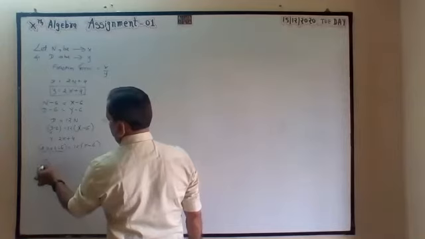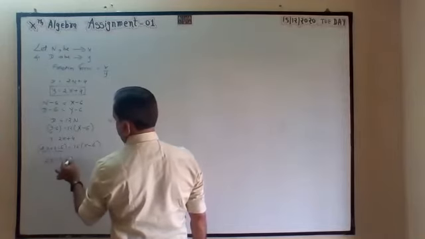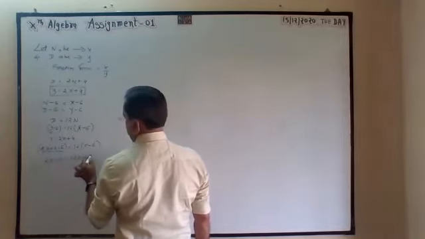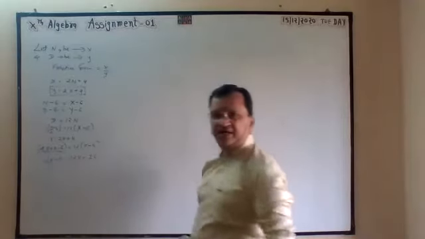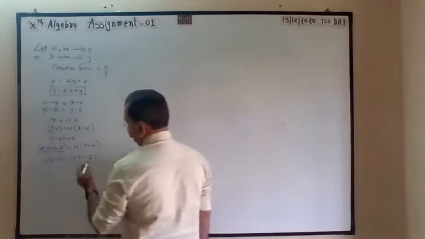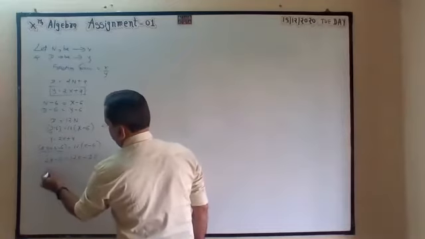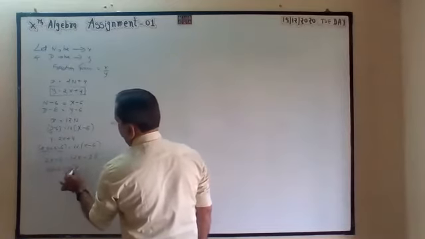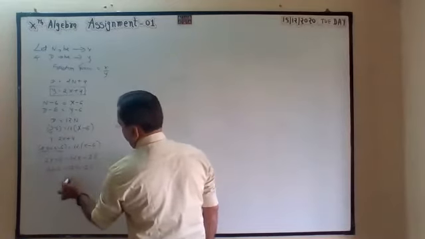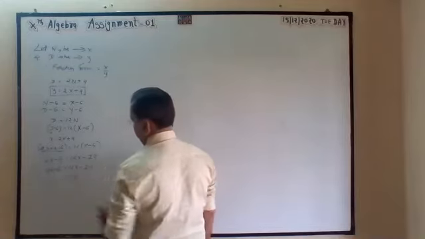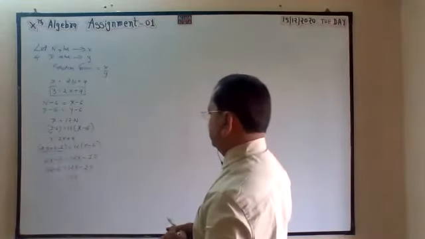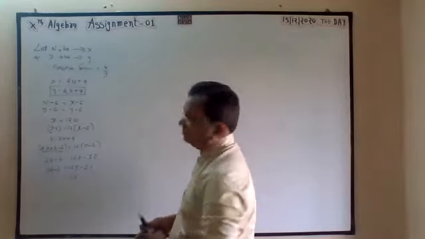Now this is 2x minus 6. 12 times 6 is 72. This side, 72 minus 6. 12x minus 2x, so 10x. Something went wrong.